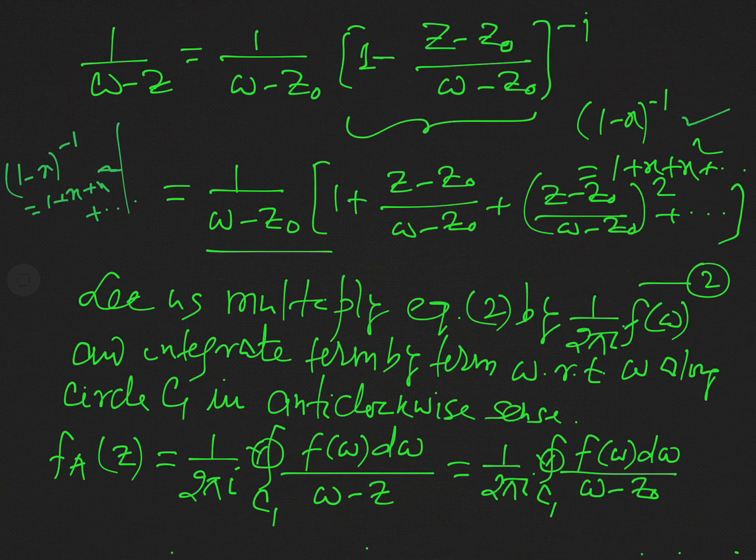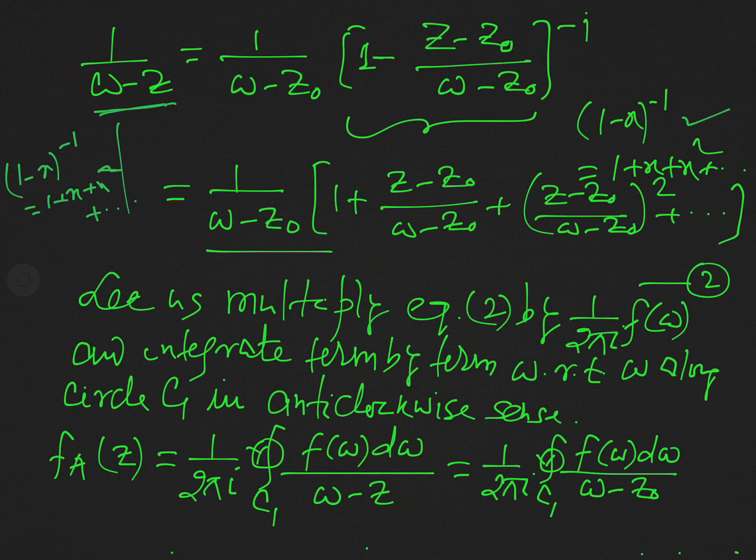Now let us multiply this equation 2 by a factor 1 over 2 pi I into f of w, and then integrate term by term with respect to w along the circle C1 in anti-clockwise sense. So fa of z, you know, this is in fact 1 over 2 pi I integral along C1 in anti-clockwise sense f of w dw by w minus z.